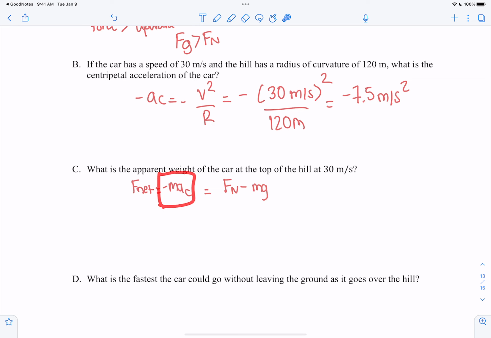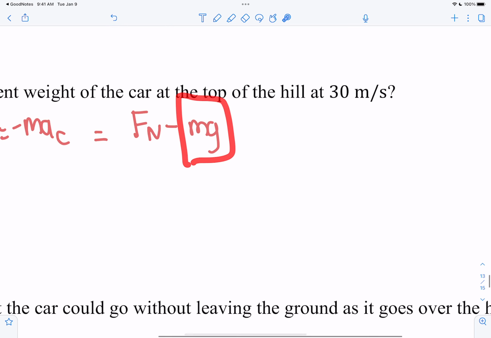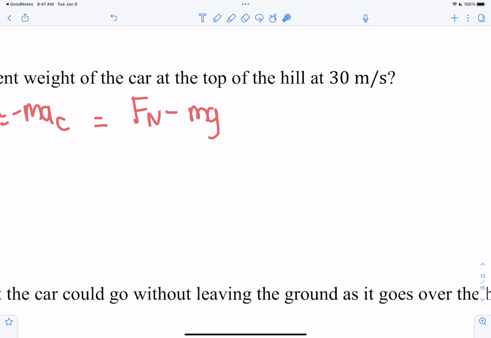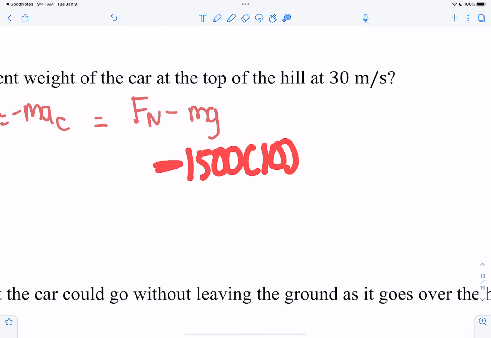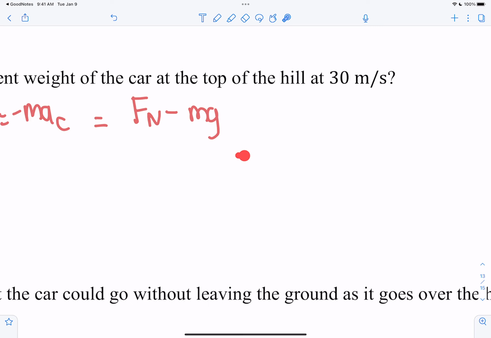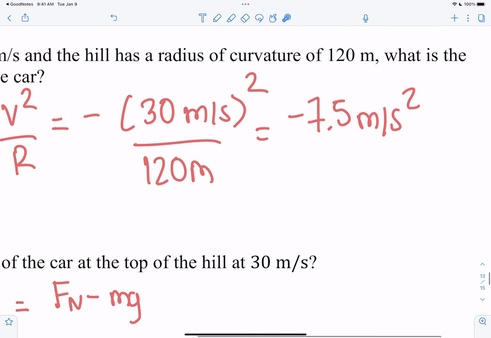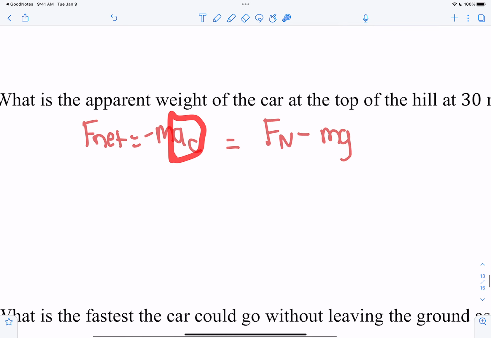So when I'm including directions in my equation from the beginning, I have to make sure that I'm putting in magnitudes of values. So for mg here, the g, I don't have to plug in negative 10, for example, if I'm calculating it. So it'd just be like minus 1500 times 10. And the negative sign is here indicated anyway. It's as if we pulled it out of the negative 10 meters per second squared and just brought it to the outside here. And that's the same idea here. So if our centripetal acceleration is negative 7.5, well, it's as if I pulled that negative out, put it right here.